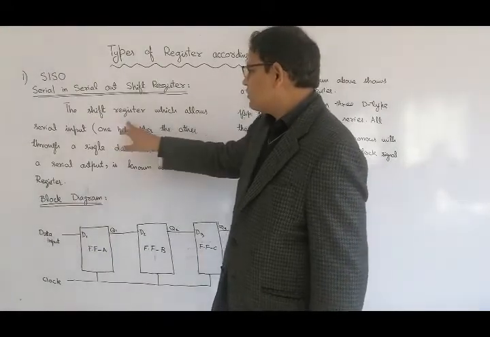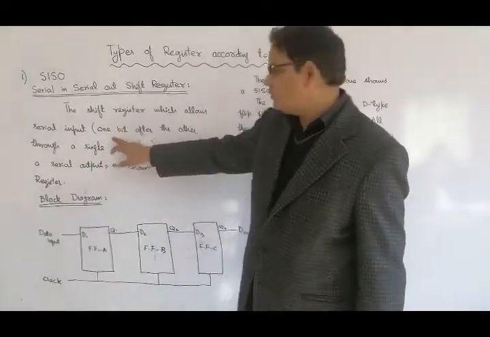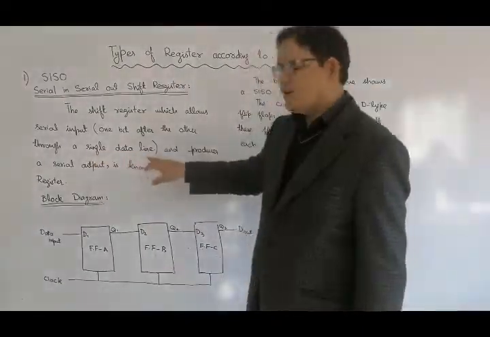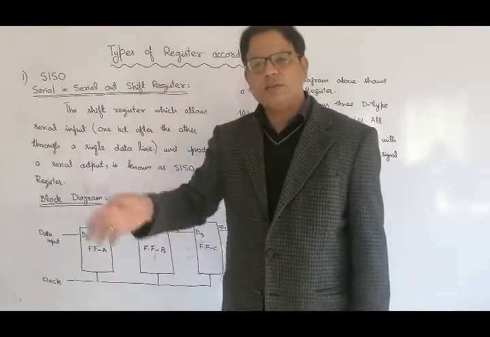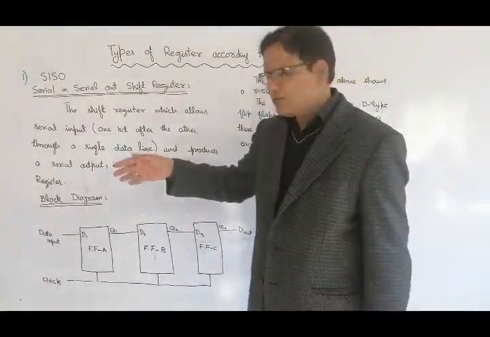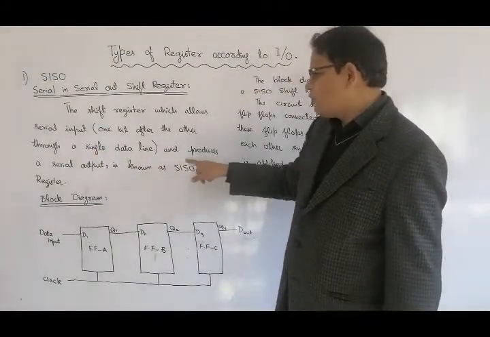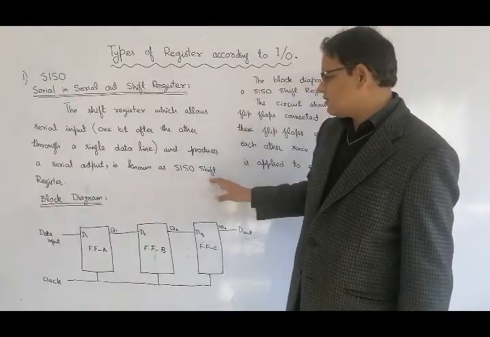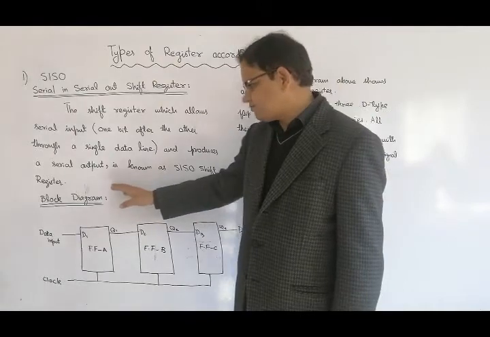The shift register which allows serial input, meaning one bit after the other through a single data line, as a stream of data in a sequence like clock pulses, one after one, and produces a serial output is known as serial in, serial out, meaning SISO shift registers.